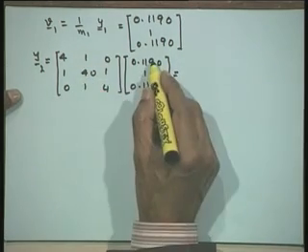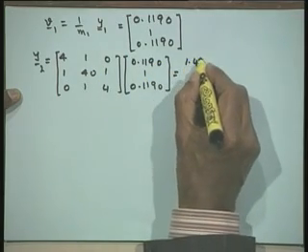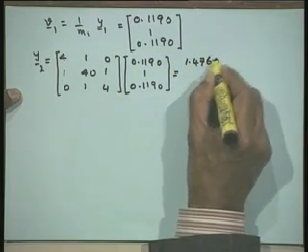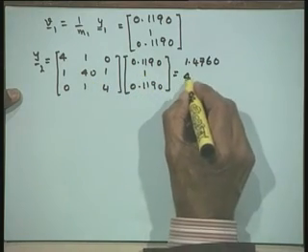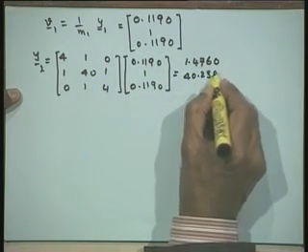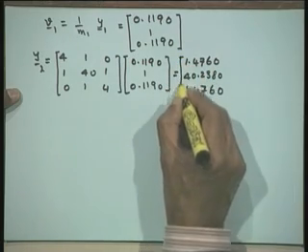So, this gives me 4 times 0.8333 plus 1, that is 4.3333, and the middle value is 2 times 0.8333 plus 4, that is 5.6667.